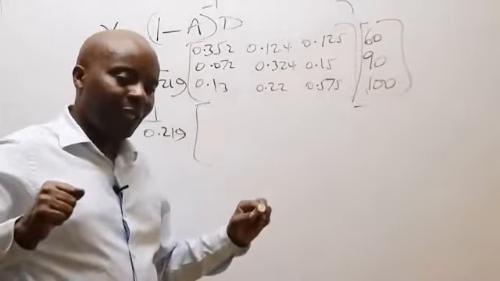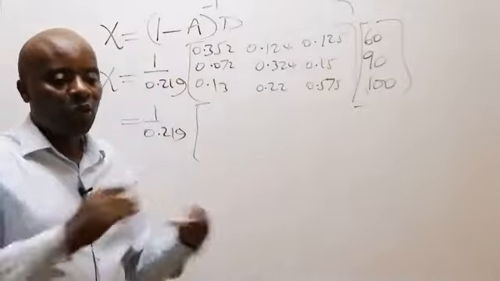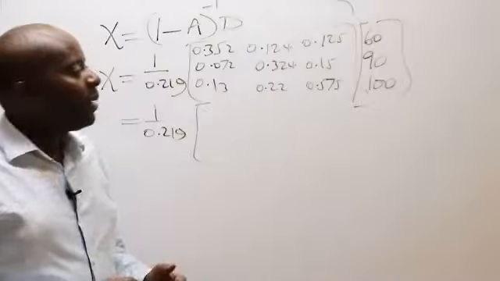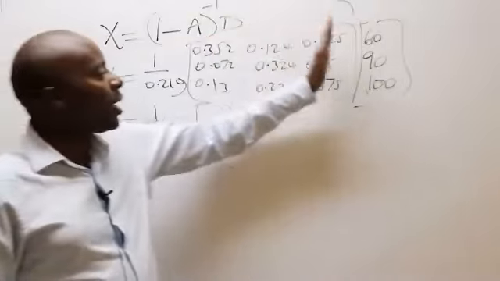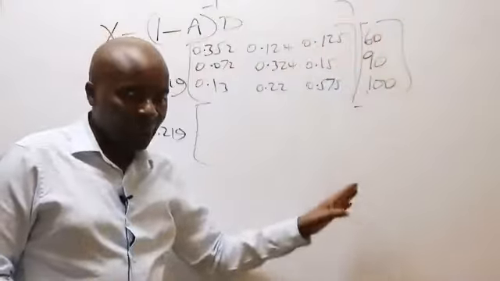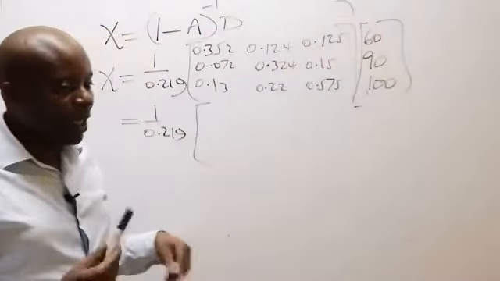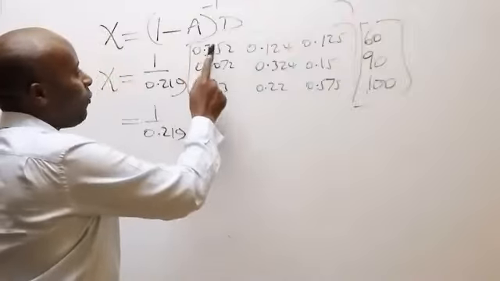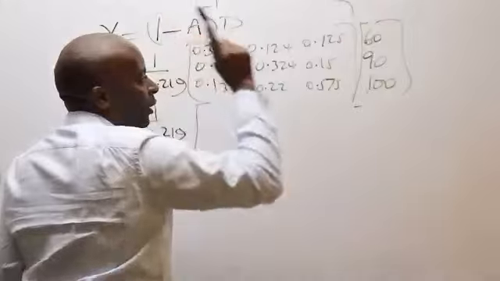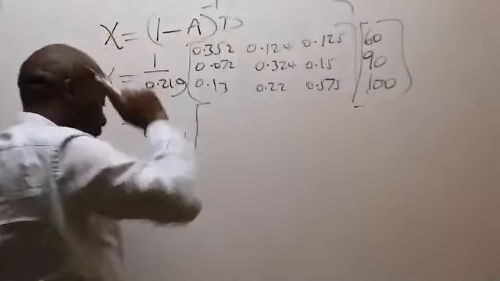Row 1 by this column. The first figures multiplied, so we have 0.352 times 60, plus the second ones multiplied, plus the third ones multiplied. Please, somebody do that and give me an answer.